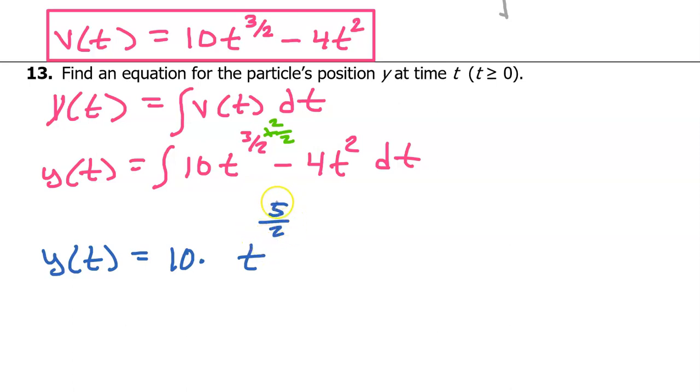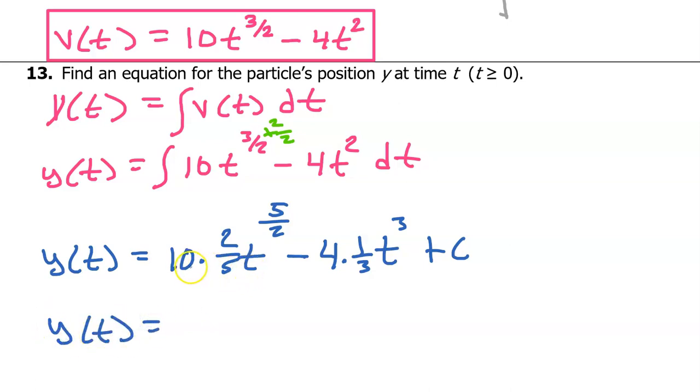Now I will divide by 5/2, and that's the same thing as multiplying by 2/5. Moving on to the next term. There's my 4, and here's my t. Adding 1, I get t to the 3rd power. Then I divide by my new exponent, so that'll be times 1/3. And don't forget the constant of integration. We can simplify this a bit.